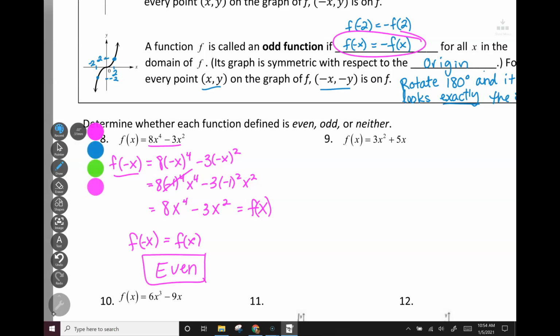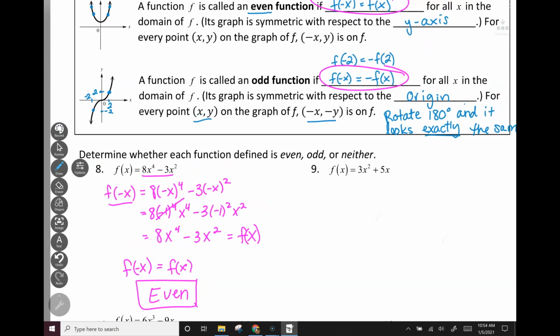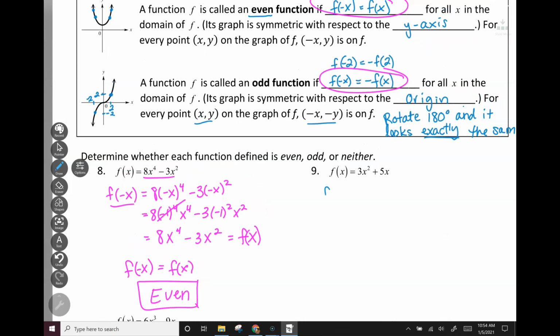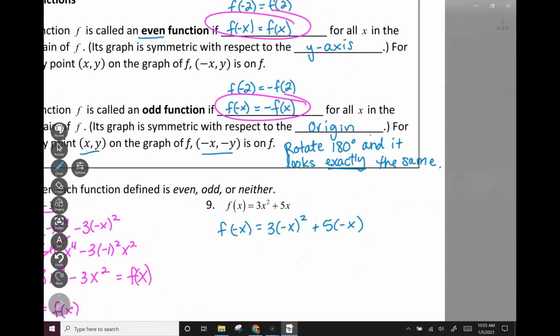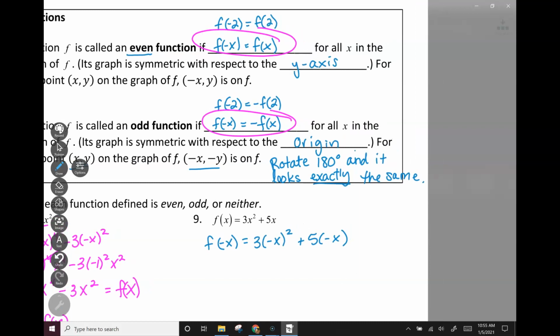Now let's try that on number 9. So again, we're going to do f of negative x. Okay, so I replaced all of my x's with negative x, so let's simplify. Negative x squared is going to become just x squared.